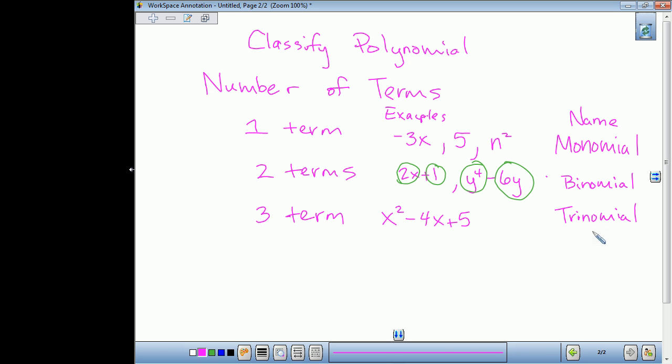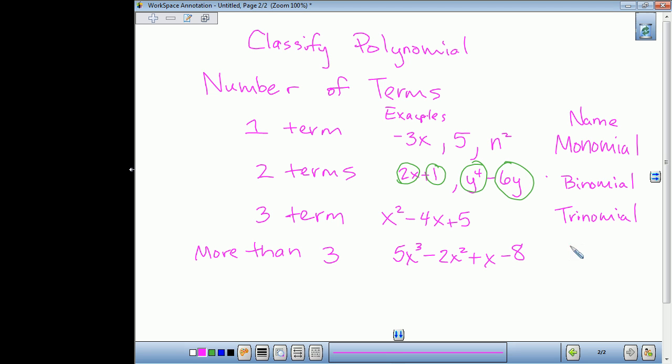Now, if we have an example that's more than 3, let's just do one that has 4. So we have 5x cubed minus 2x squared plus x minus 8. This has 1, 2, 3, 4.